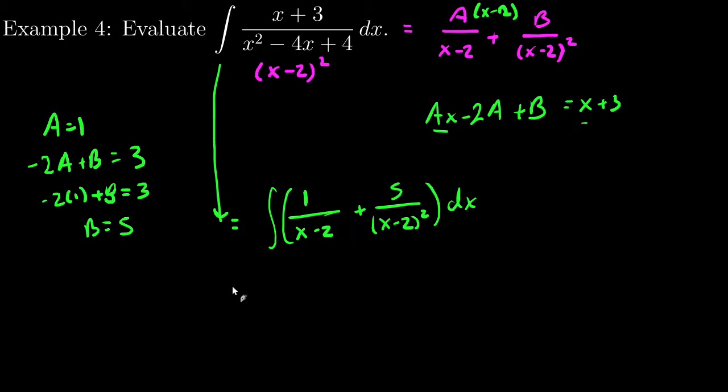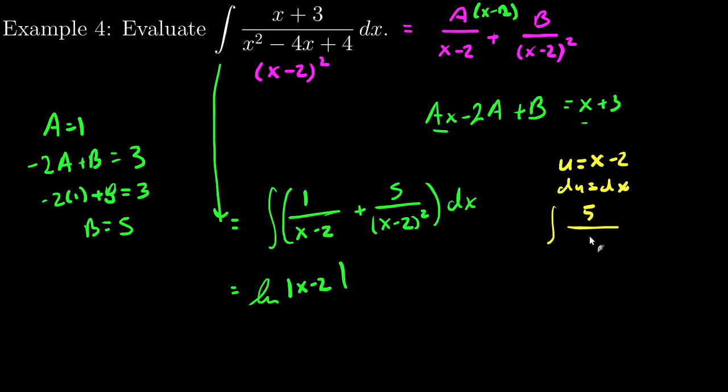This one's easy to solve. I know that that's going to be the natural log of the absolute value of x minus 2. This one's harder to solve, and here's how we do this. U substitution. I will let u equal x minus 2. That means du equals dx. And so I have the integral of 5 over u squared du, which is going to equal the integral of 5u to the negative second.